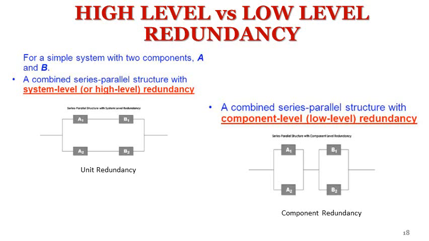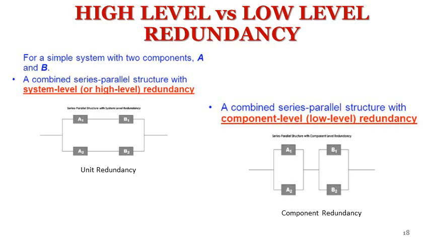The arrangement will be as shown in the first figure, A1, B1 in series, but we will ensure A2, B2 in the same way. If A1, B1 fail, A2, B2 will work. Here we make the entire system redundant.